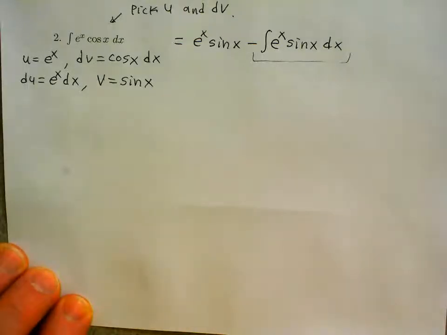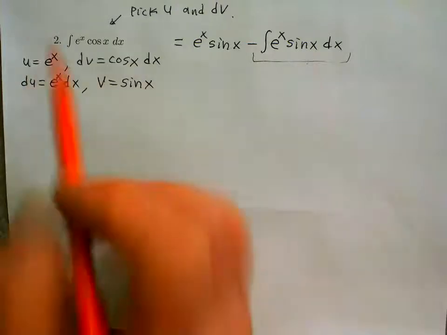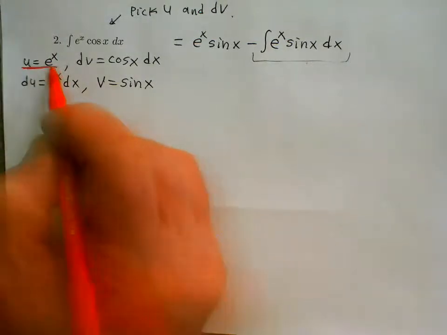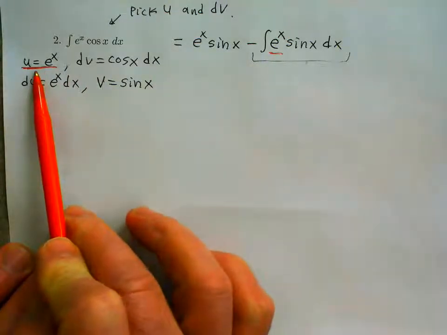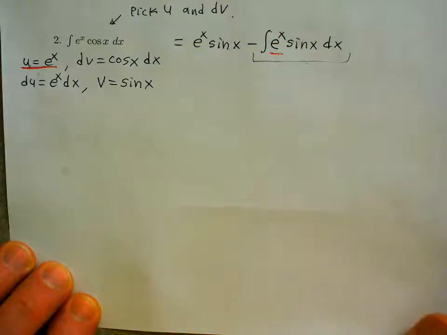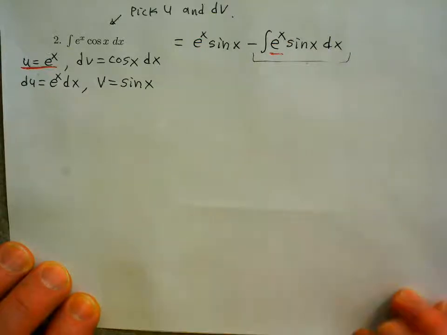So when that happens, we want to make sure that we pick u to be the same function that we picked the first time. If you switch them, it's not that what you get will be incorrect. It's just that it will leave you where you started, and so you'll have to start over again.